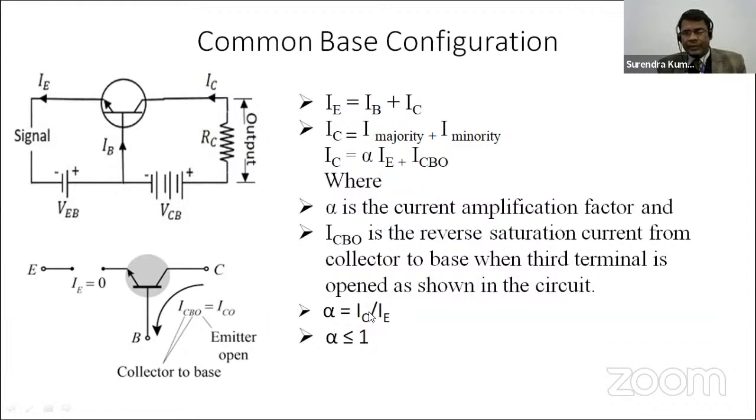So always the collector current is slightly less than the emitter current. So we can say the amplification factor of a transistor in common base configuration is equal to 1 or less than 1. So that was the current relationship in the common base configuration.